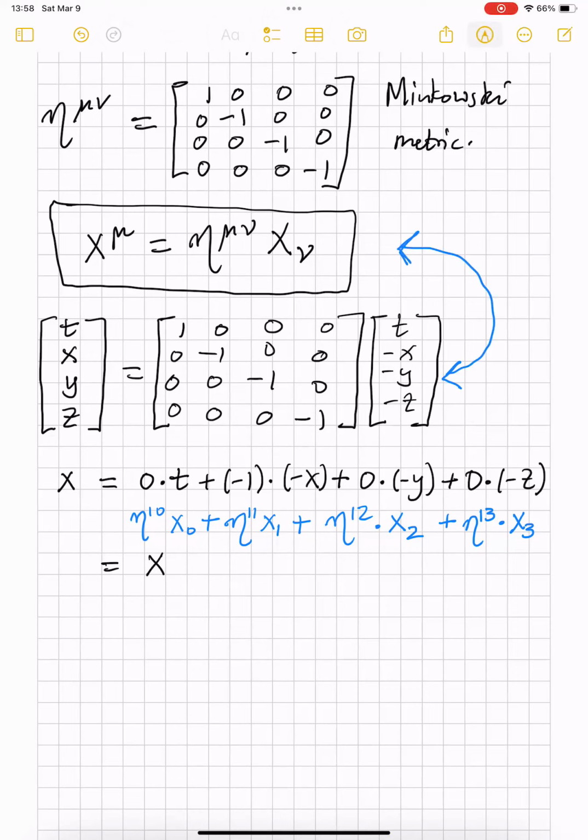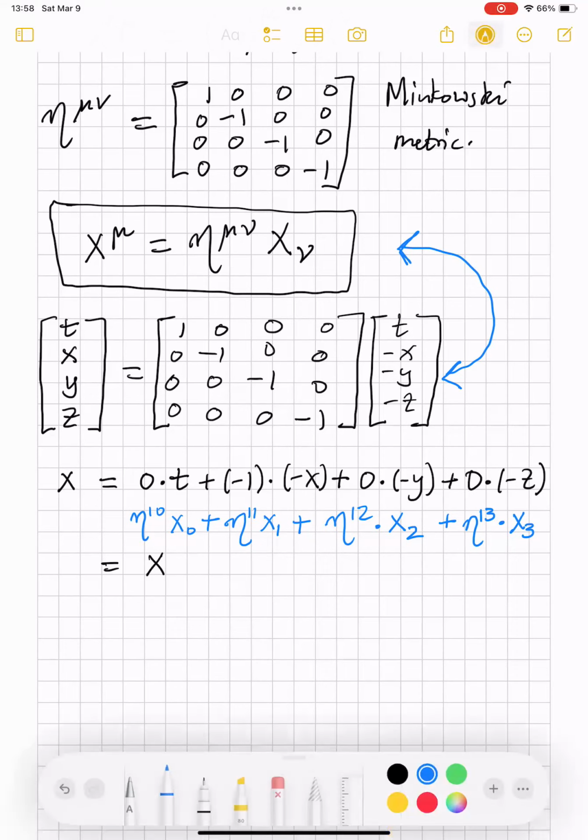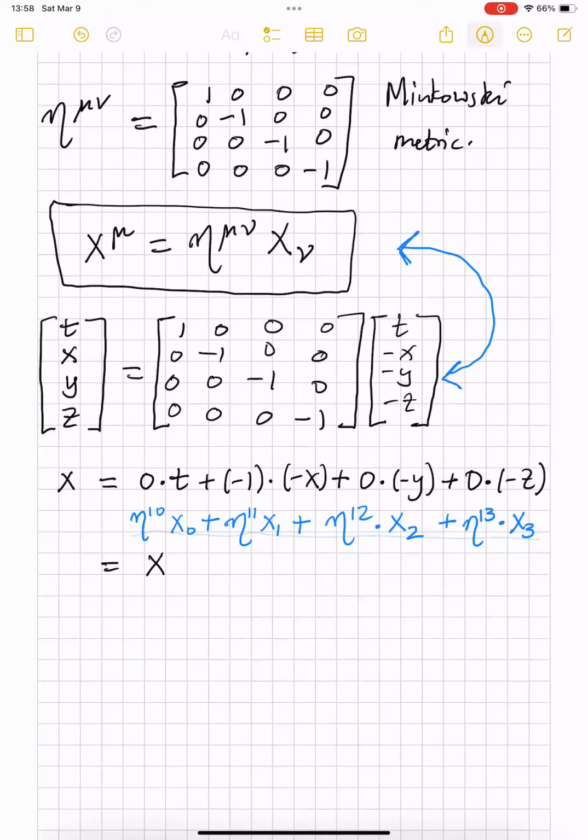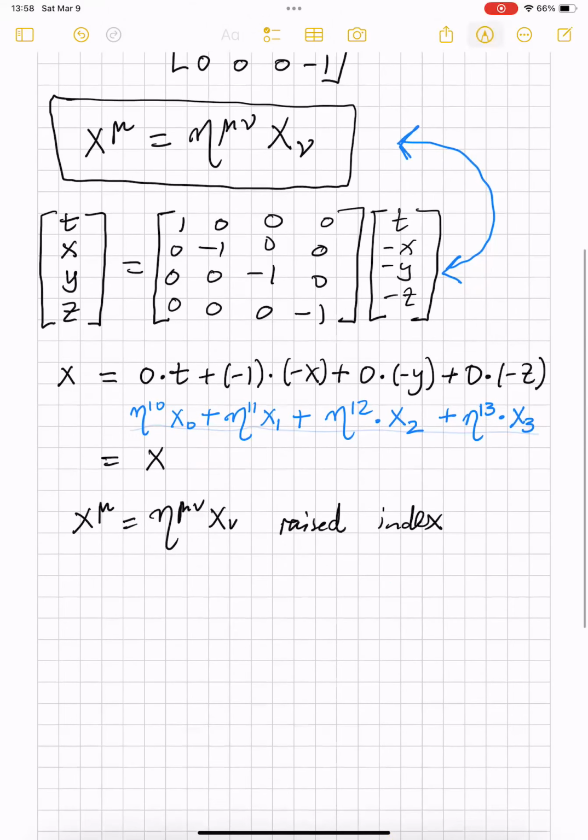Good. And we have some language to go along with this. We say that we used the metric to raise the index of x nu. So by acting with the metric, we have raised an index. The covariant position vector x nu was raised into the contravariant position vector x mu.